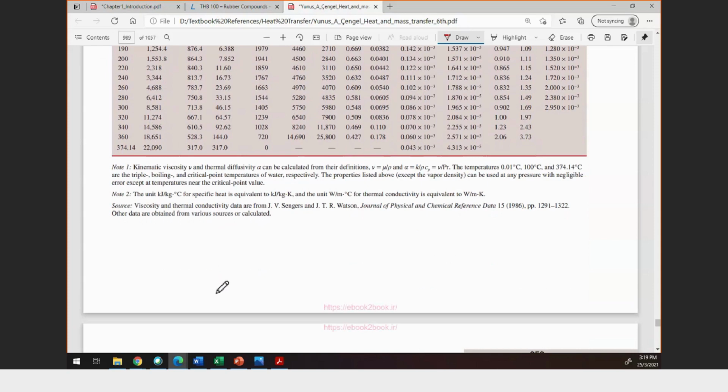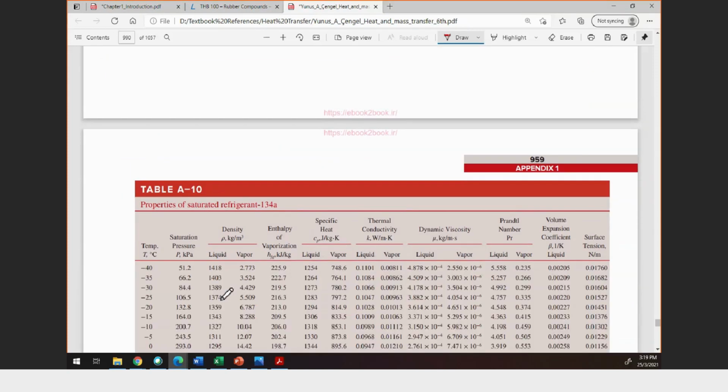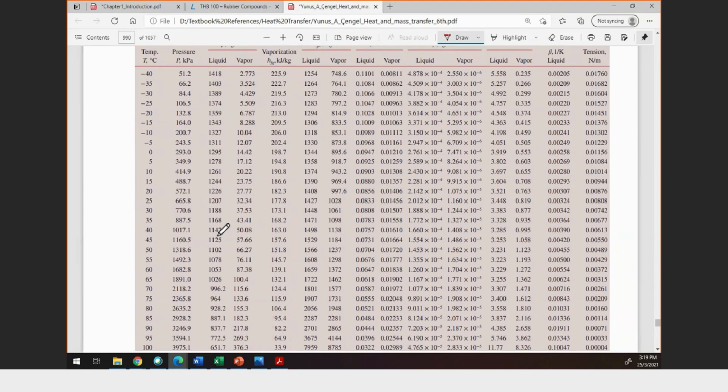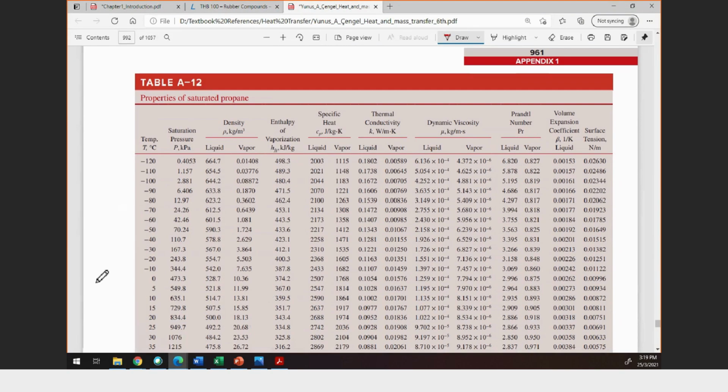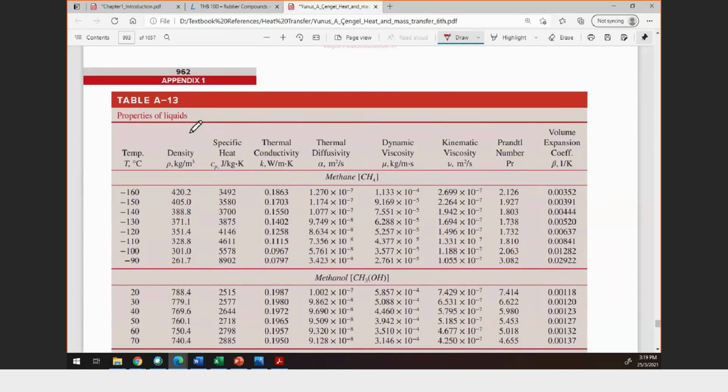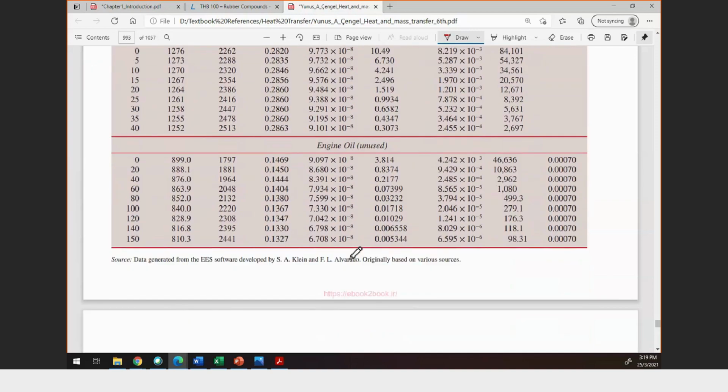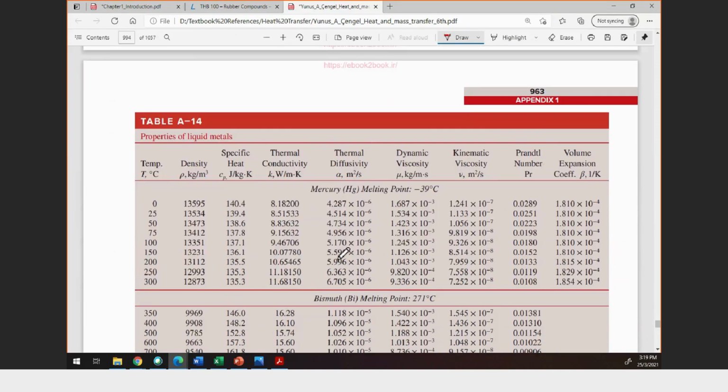Okay. Any question? Okay. So basically, we finished this. The rest of the tables are the same, only with different properties like propane. Okay. There is another one, liquid methane, methanol. So actually there are many tables given in the textbook. It depends on the problem. Sometimes you are dealing with a different system with a different material, so you can use this one.